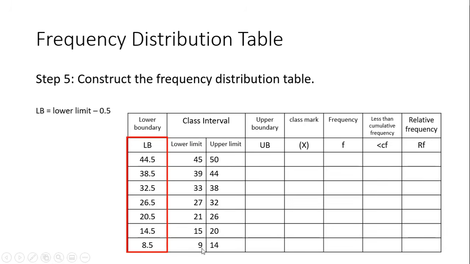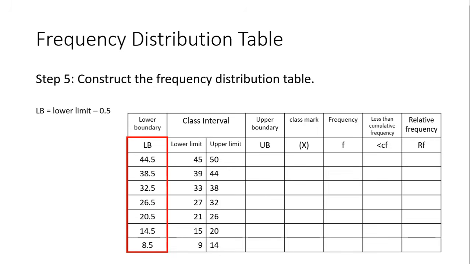So 9 minus 0.5 is 8.5. Okay, this is your lower limit minus 0.5. So 15 minus 0.5, that's 14.5. 21 minus 0.5, that's 20.5. 27 minus 0.5, that's 26.5 up to 44.5.